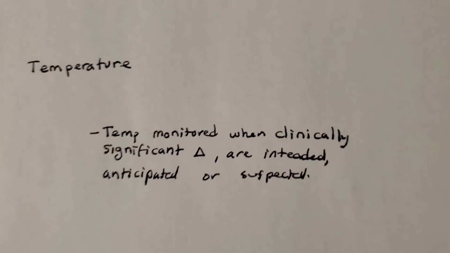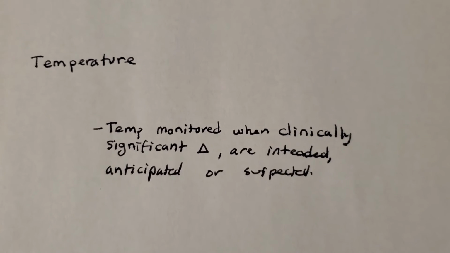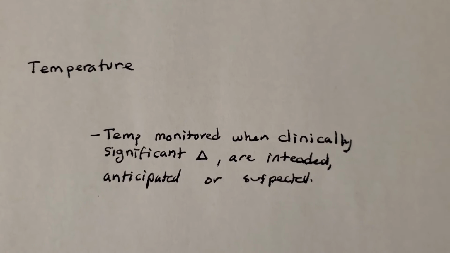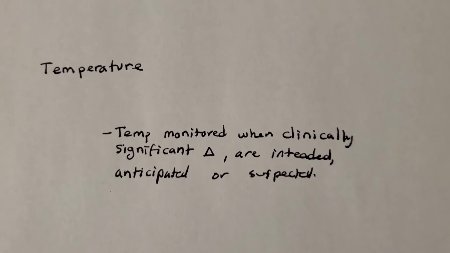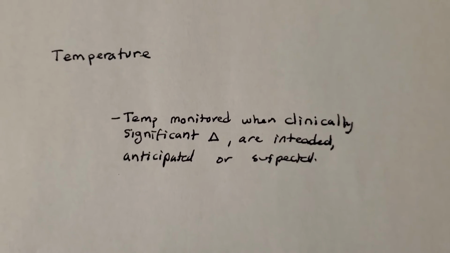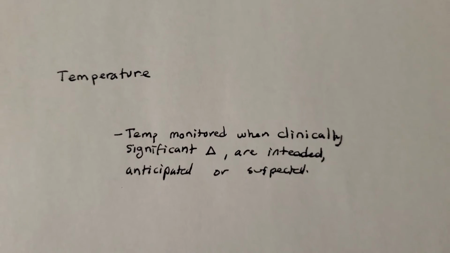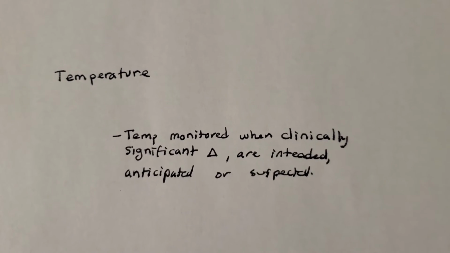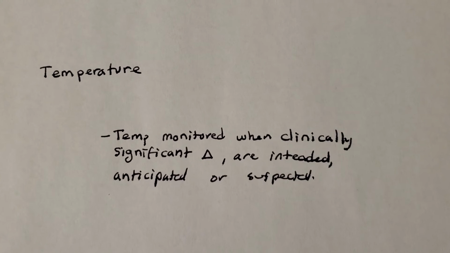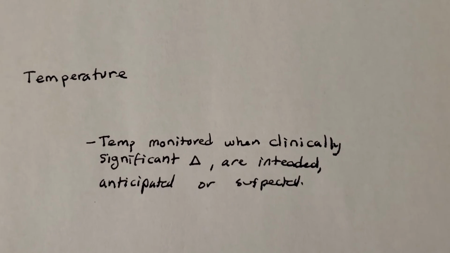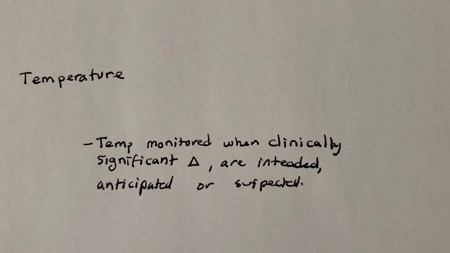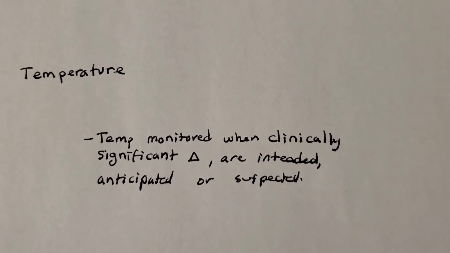If you're just doing light sedation, Versed, fentanyl, something like that, I guess you can get a temperature baseline, but you don't have to continually monitor it. You should, just for documentation purposes, but I don't really expect there to be temperature changes in someone where I gave hardly any sedation.